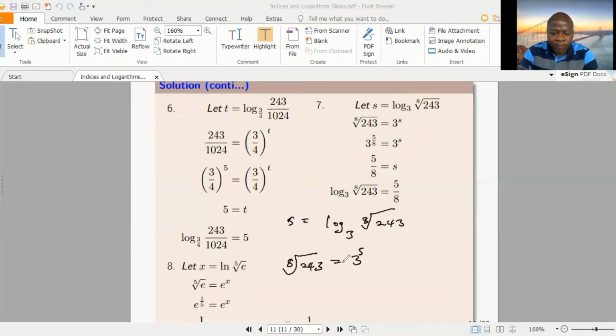So then write 243 in terms of 3. We have done this one earlier. We have found that it will be 3 raised to 5. So then, if that is the case, what I have here is the 8th root of 3 raised to 5.